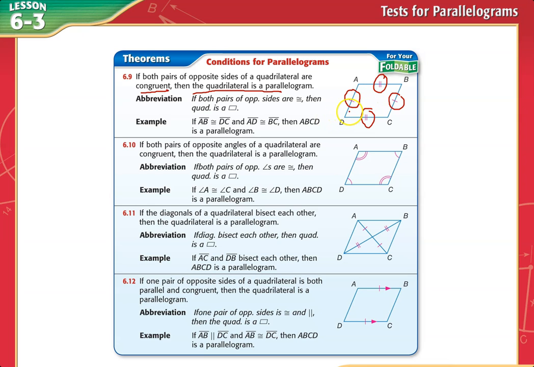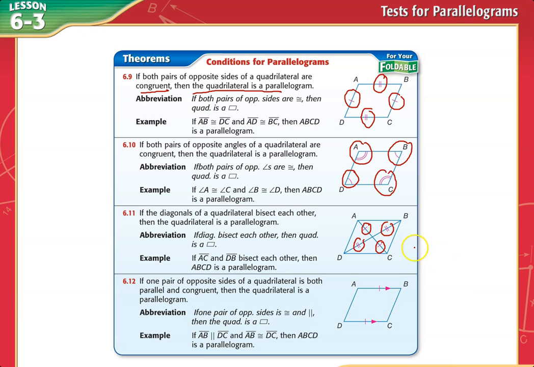The second theorem says if both pairs of opposite angles are congruent, then the quadrilateral must be a parallelogram. Also, if the diagonals of a quadrilateral bisect each other, so when AC and DB cross each other, if they make these the same length, and if they make these the same length, then it is a parallelogram.